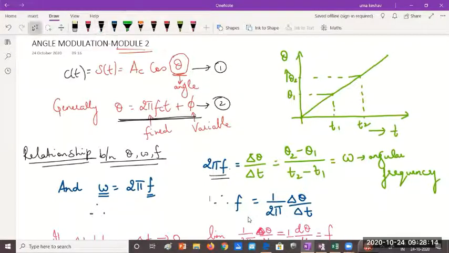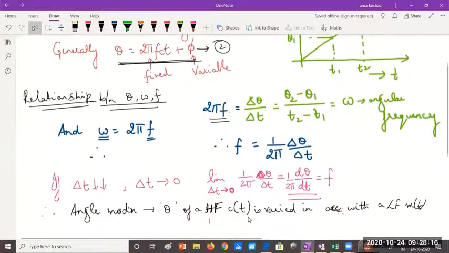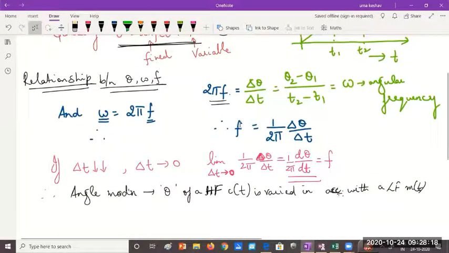Next you say, therefore, it's very important that you remember this relationship. Throughout we'll be using this interchangeably, and for problems also. So you say, therefore, f is 1 by 2 pi delta theta by delta t.